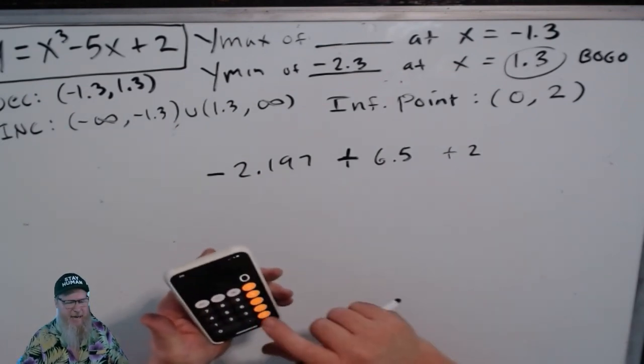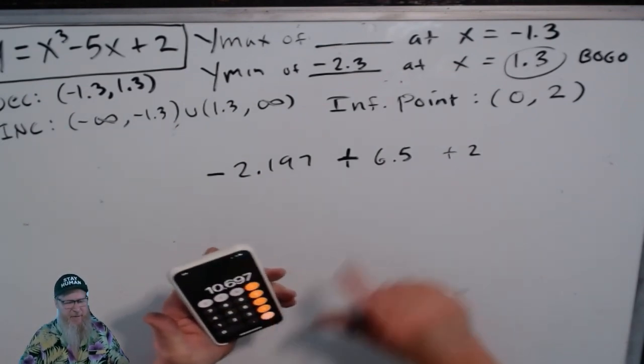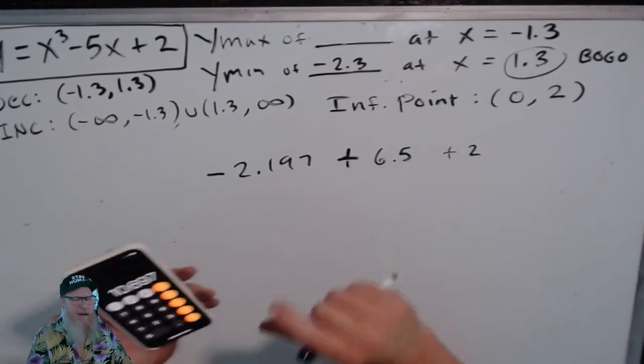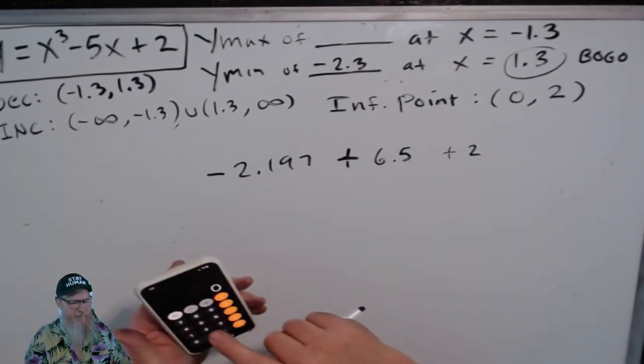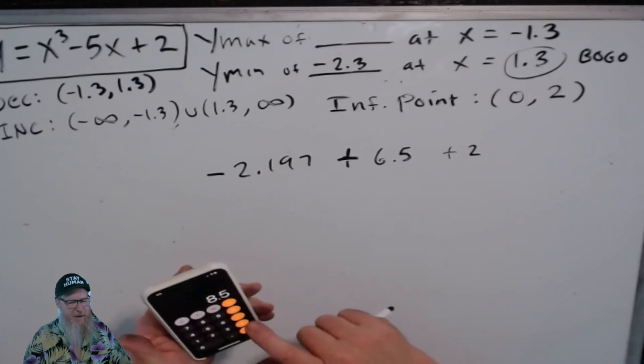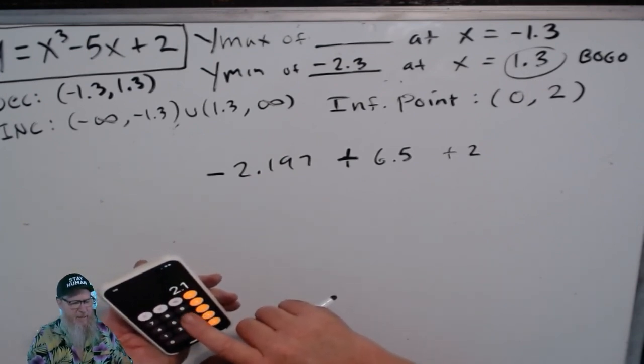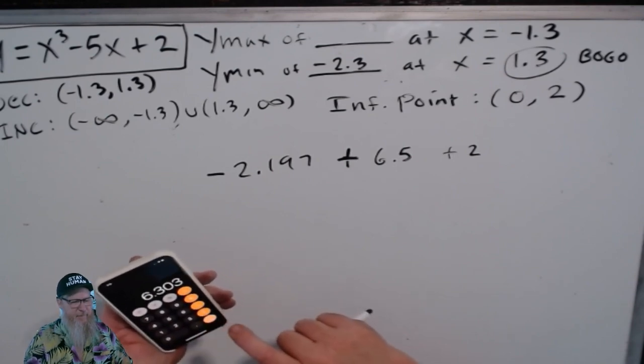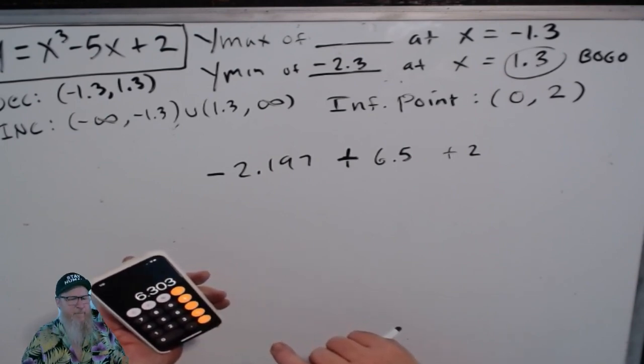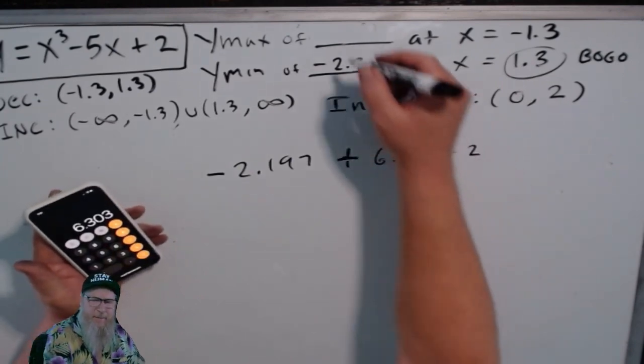So you're going to go 8.5. I did that in my head. And then minus, so 8.5 minus 2.197, and I'm going to get 6.3.